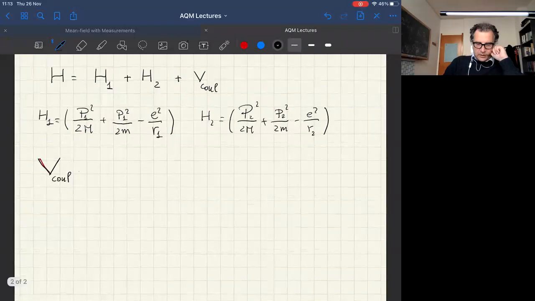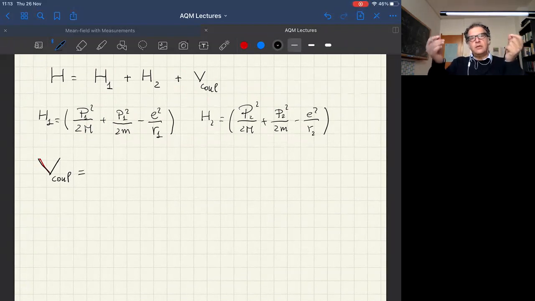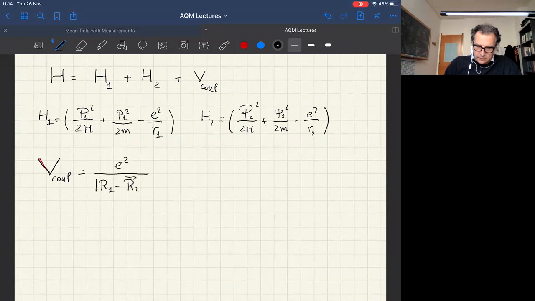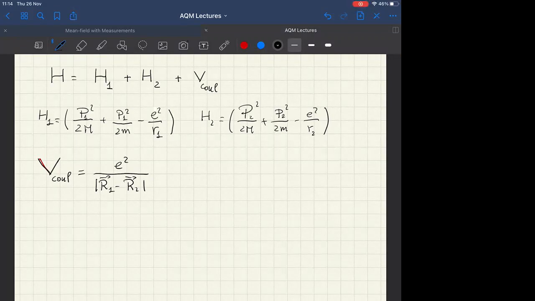So now I have to write down the 4 terms in the Coulomb interaction: the 2 positive charges, the 2 negative, and then positive-negative and negative-positive. Let's do this with care. So I have e squared over |R1 minus R2|. This is the Coulomb interaction between the 2 nuclei.